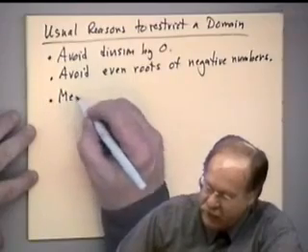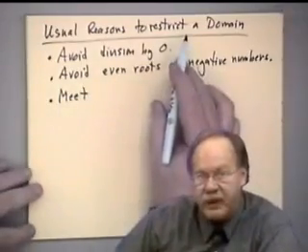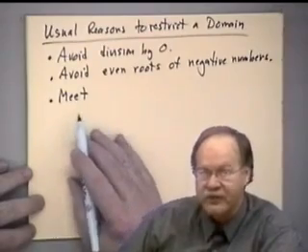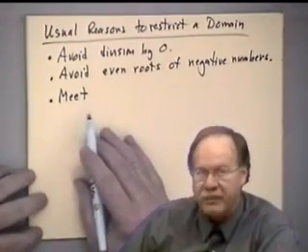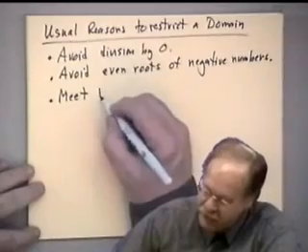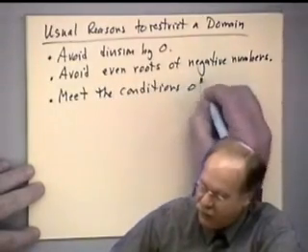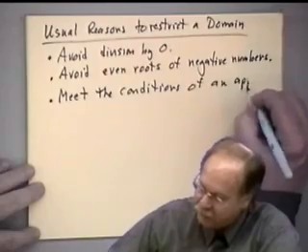Finally, here is another reason to restrict a domain. We might be working in an applied problem in which there are restrictions, physical restrictions, that the problem imposes. So we might need to meet the conditions of an applied problem.